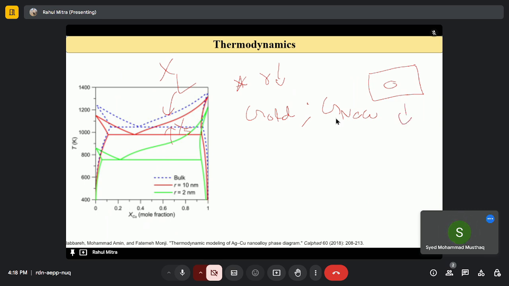When two phases are in equilibrium, we know, even from the free energy versus composition diagram or the free energy versus temperature diagram, we arrive at one simple condition: the free energy of both the phases is equal when we are at the equilibrium. So it should be G old equals G new. Now let's derive our equation.